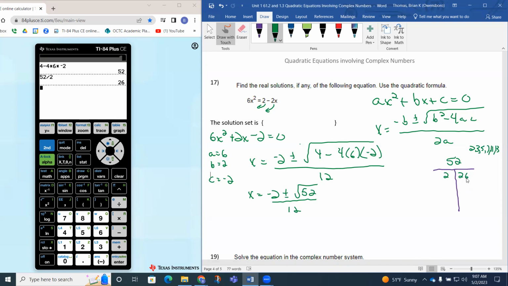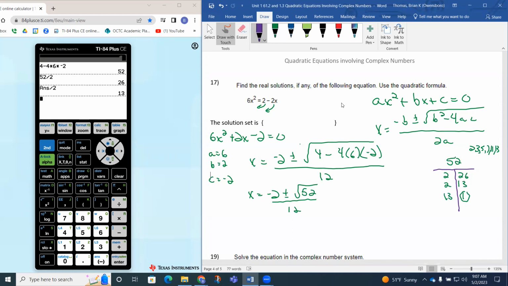And notice how 26 is also factorable. I can also take a 2 out of it. So I'm going to divide 26 by 2. So if I divide that by 2, we end up with this 13. 2 goes into 26 13 times. Notice that 13 is a prime number, so 13 is going to go into 13 one time. So this left-hand side is what we're looking at.